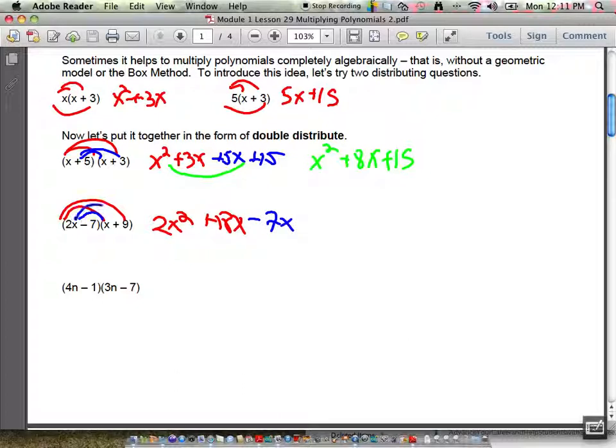And then what's negative 7 times positive 9? Negative 63. And now I can always combine the terms in the middle because they're like terms. So the final answer is what? Guys, what do we get? 2x squared plus 11x minus 63. Nice. Questions? Okay, try the last one.